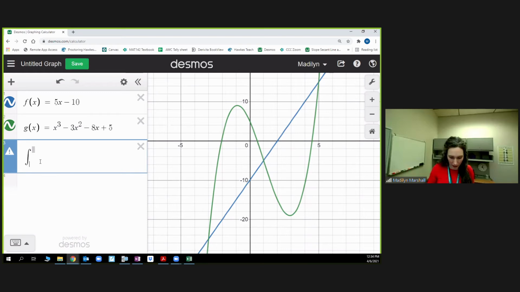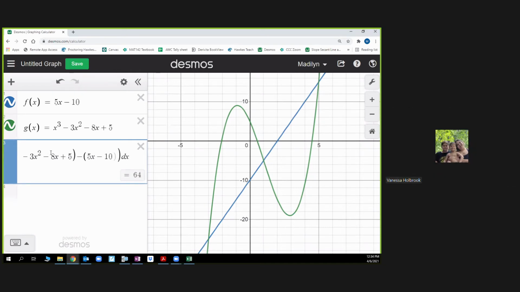Okay, let's see. So we have -3 up to 1 for A1. And that one has G. This is also a nice thing I like about Desmos, that you can copy and paste, which makes entering these things a lot easier. Minus F, and we get... that's what I got.